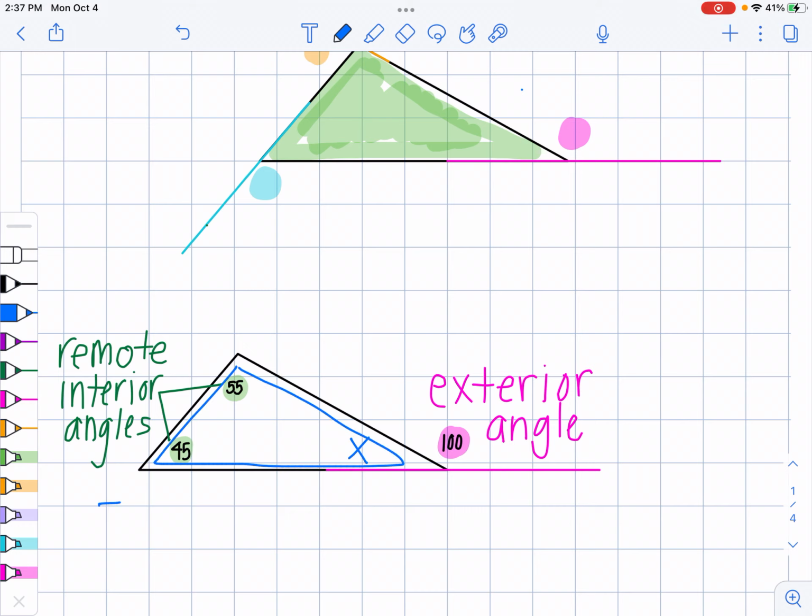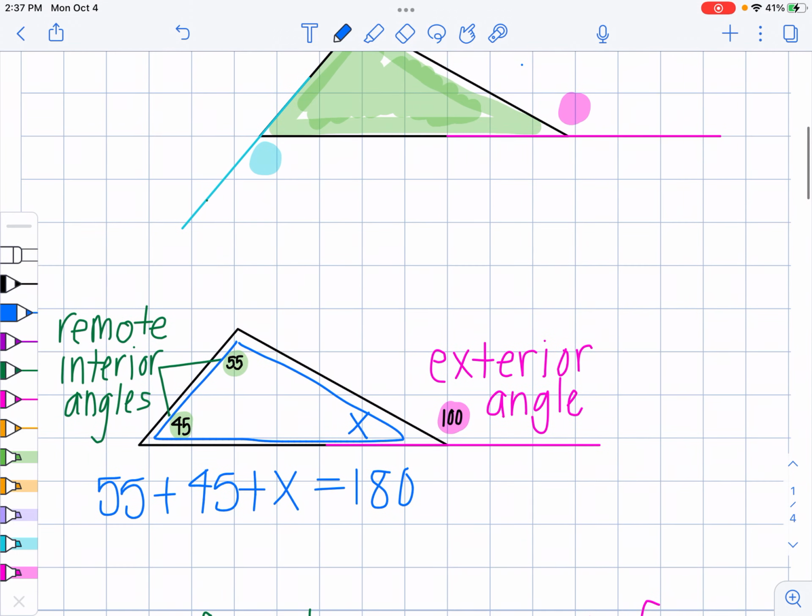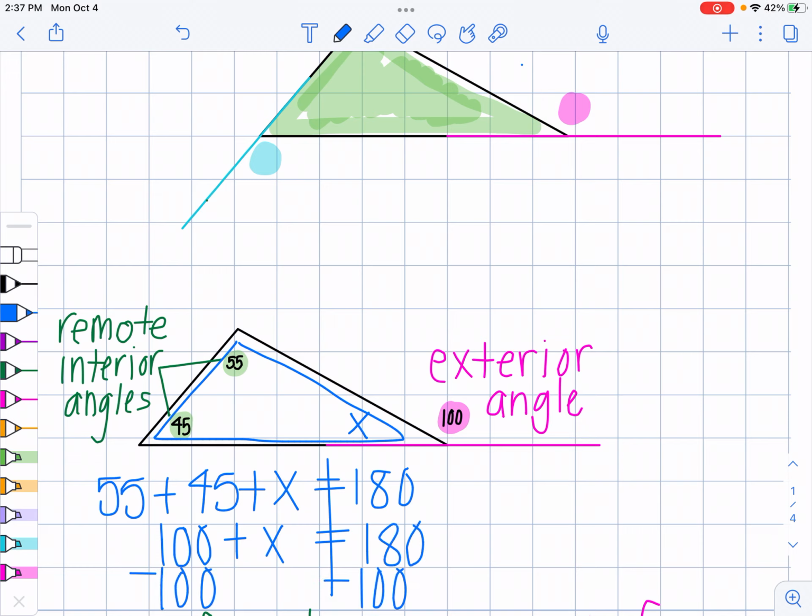So I could say that 55 plus 45 plus x equals 180 degrees. I can combine my like terms. So 55 plus 45 is equal to 100, plus x is equal to 180. If I subtract 100 from both sides, I get x is equal to 80.